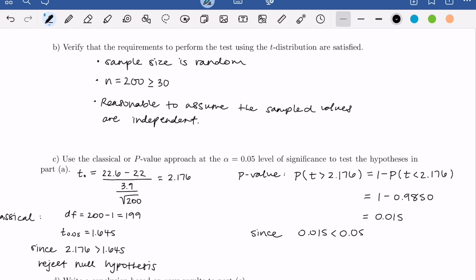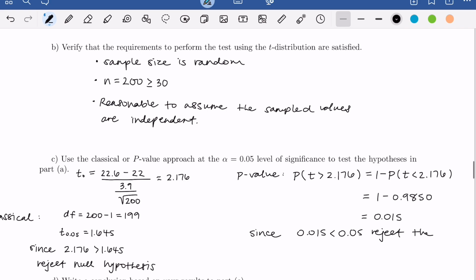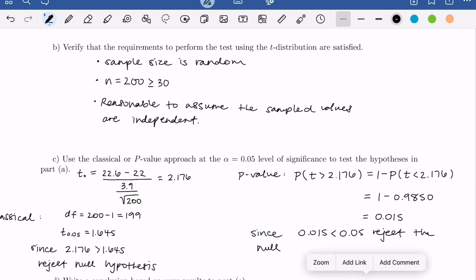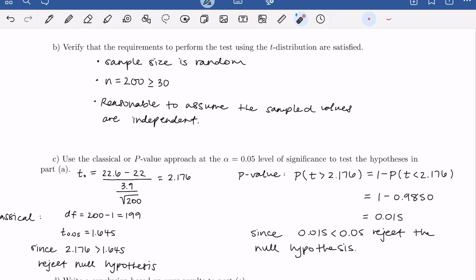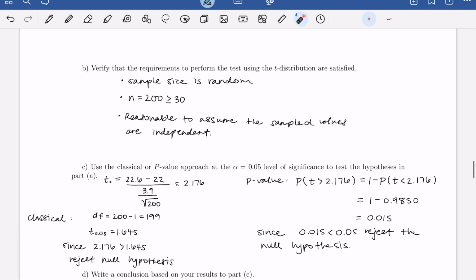We are going to reject the null hypothesis. All right, so that is how we would use either the classical or the p-value approach to test those hypotheses.